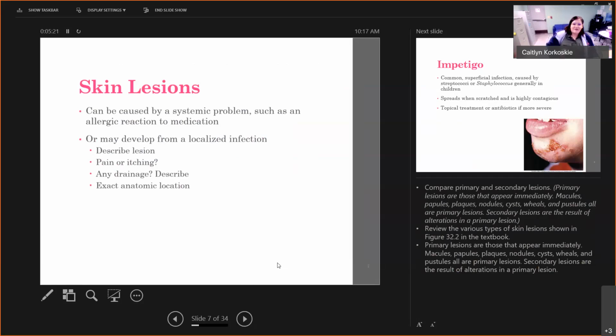I just noticed I have a huge bug on my camera. One second.